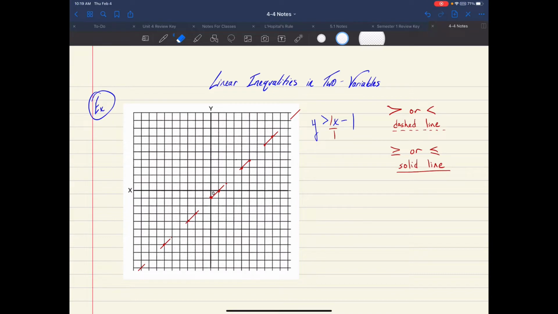The part that is new with this is that there's going to be some shading. So what this means is that it's going to be a range of values that is the solution rather than a particular value.